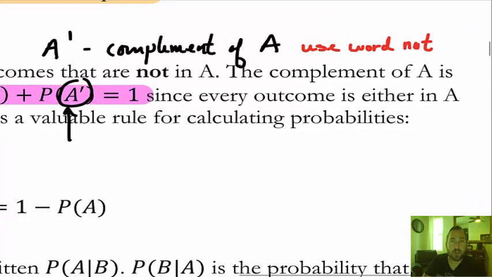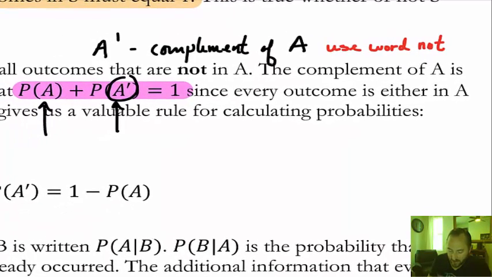In other words, it is the case I went to the store. It is not the case I went to the store. So with the word not, we quickly have the complement of the event, and then we can find the complement probability.